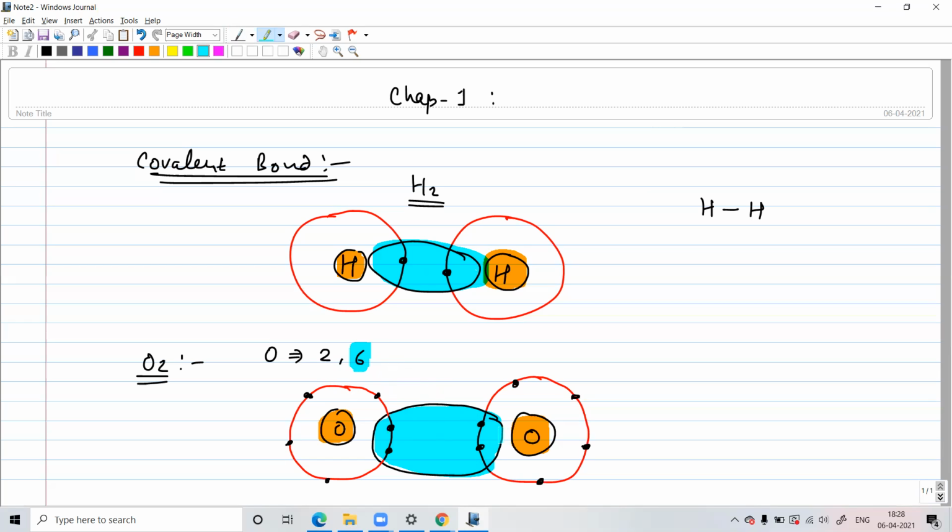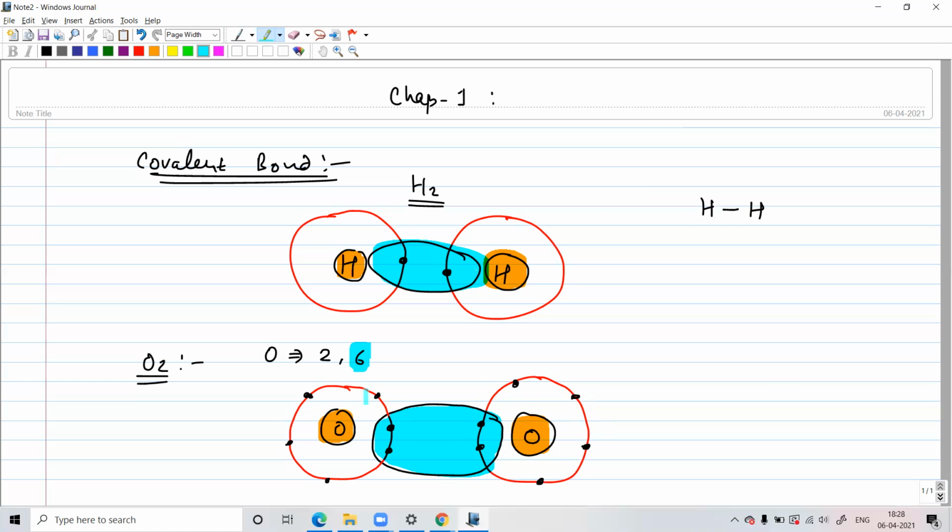That is why it takes 2 from the other oxygen. And since they're sharing, so now the 6 from the original, this first oxygen, they already had 6. They have shared 2 more from the other guy. So now it becomes 8. Same thing for this one also. Already had 6. This also becomes 8 now.